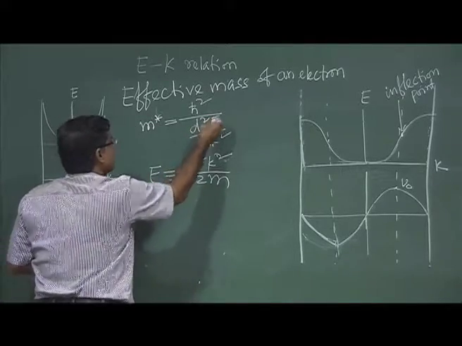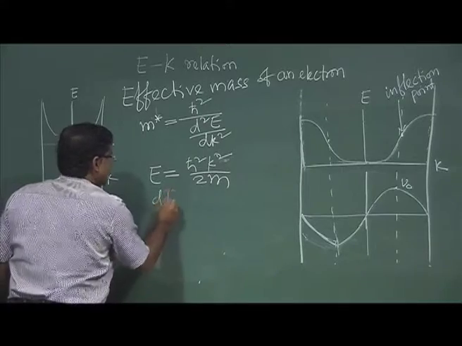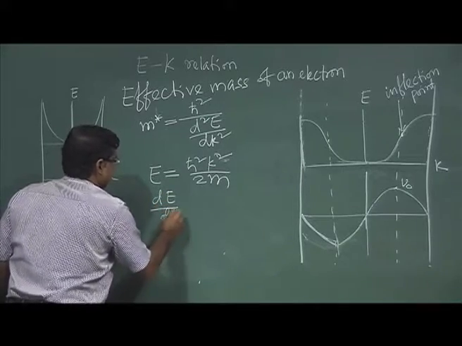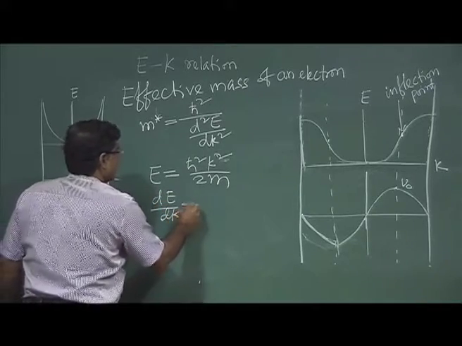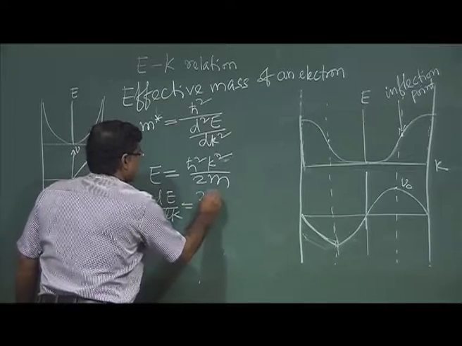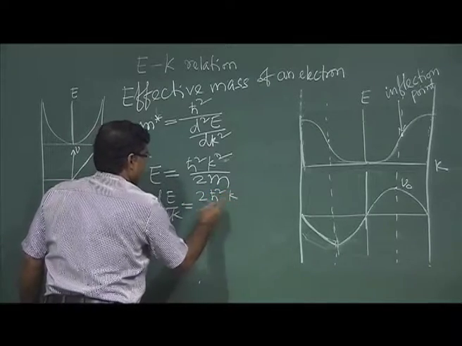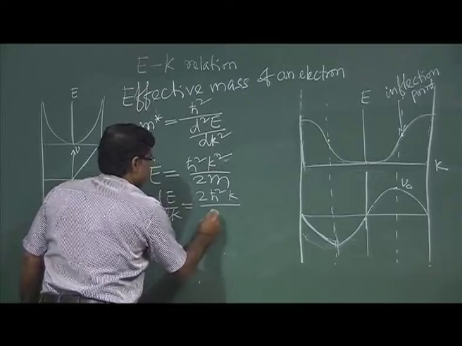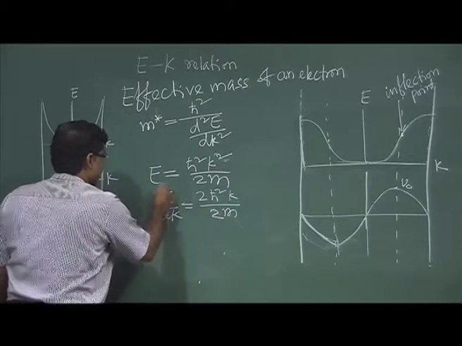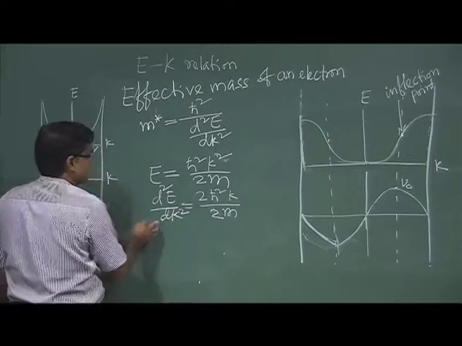So, what will be d2E by dk square? dE by dk will be 2 h cross square into k by 2m; differentiate again, right.